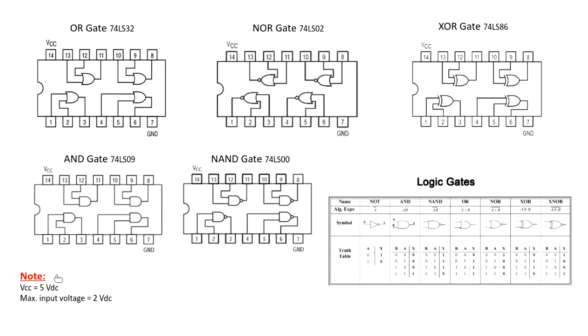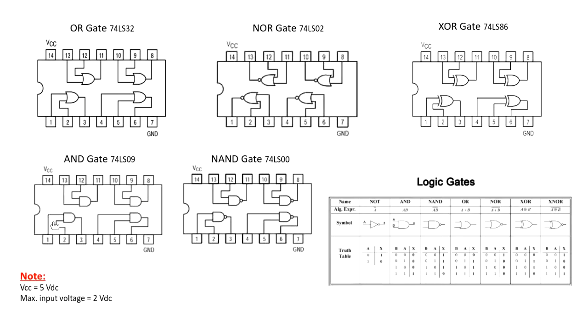In the note, it is written that VCC should be 5 volts. It means you must give 5 volts to these ICs on the VCC pin, and the maximum input voltage should be 2 volts. What does that mean? For example, take this AND gate IC.